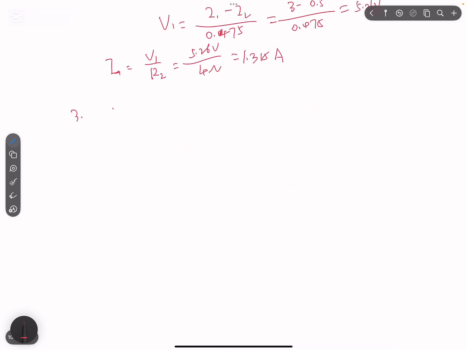Now let's look at another example for the superposition theorem. Let's see if we have a circuit like this. We have a current source that goes up, 3 amps. We have one resistor here, we have another resistor here.